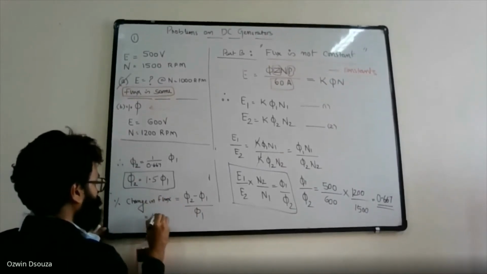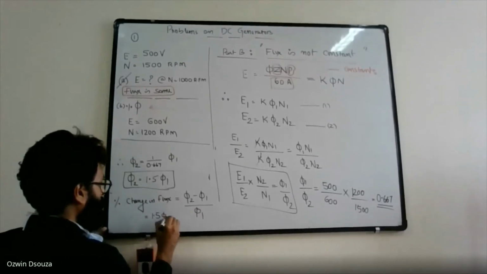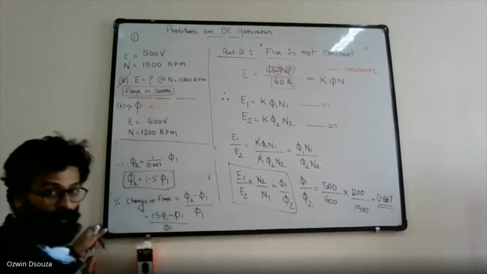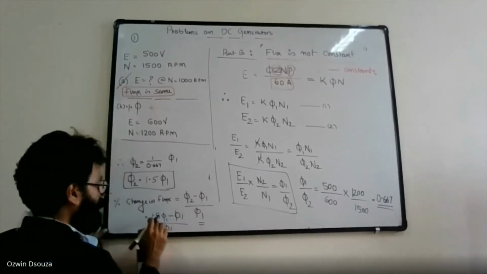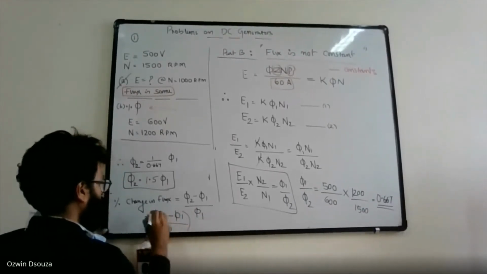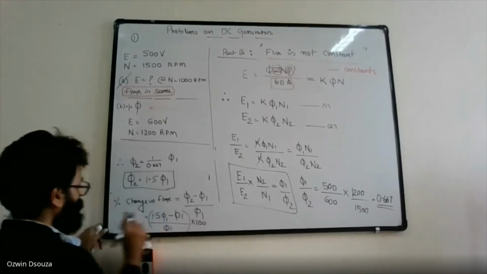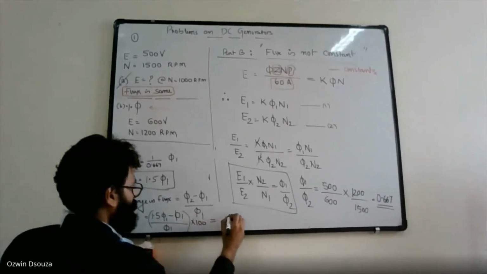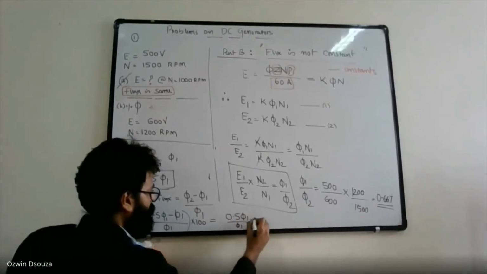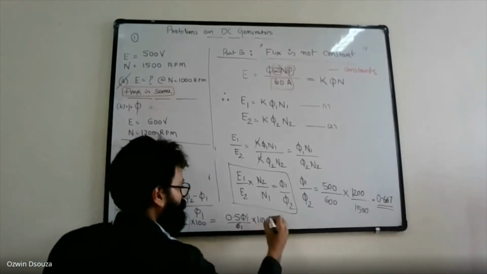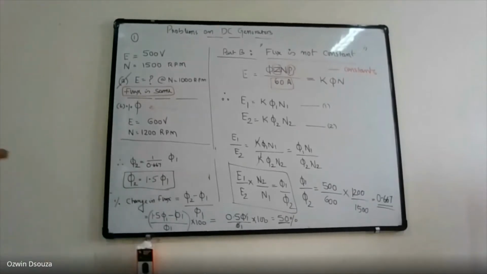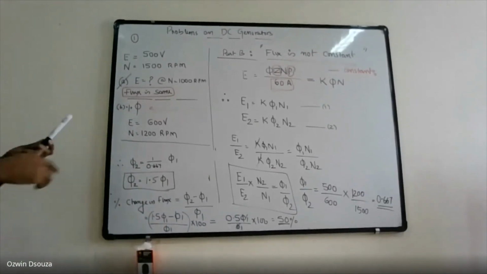Phi 2 is 1.5 phi 1, minus phi 1, divided by phi 1, into 100, because you are asking percentage change, right? So that is 0.5 phi 1 divided by phi 1 into 100. Phi 1 gets cancelled. So we will get change in flux as 50%.